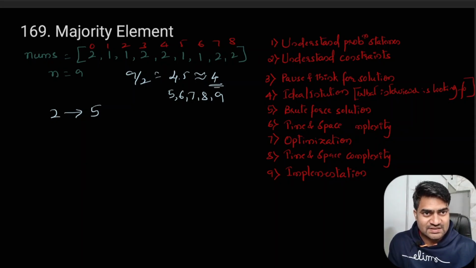This is the best case. We got the first number as our majority element. Assume that is not the case, then we will have to repeat that process. Maybe assume 2 is not the majority element. If 1 is the majority element, again for 1 we will have to count throughout the array. Here we are considering only 2 numbers, 2 and 1, in this array.